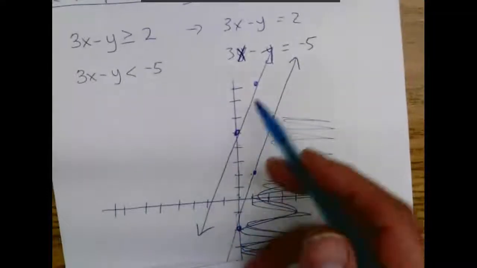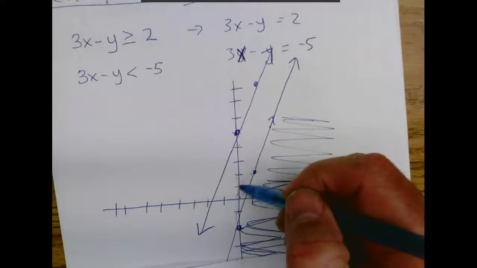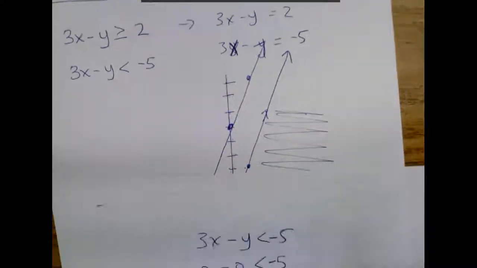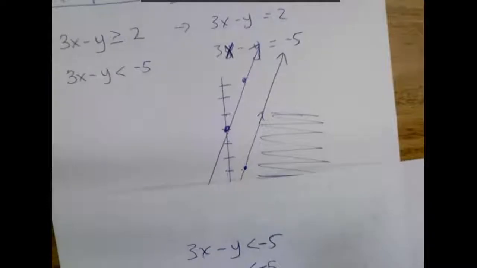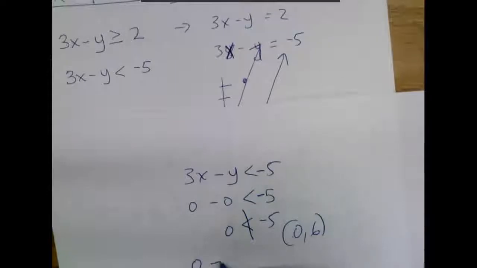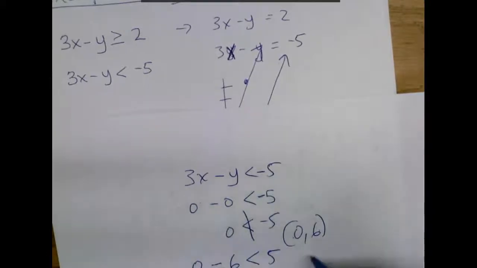How about like 0, 1, 2, 3, 4, 5, 6, 0, 6. Let's try that one. So 0, 6. See if that one will work. That's 0 for x because it's 0 minus, that'll be 6, is less than 5. That's true.